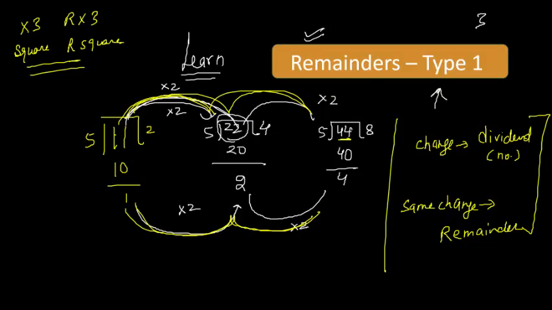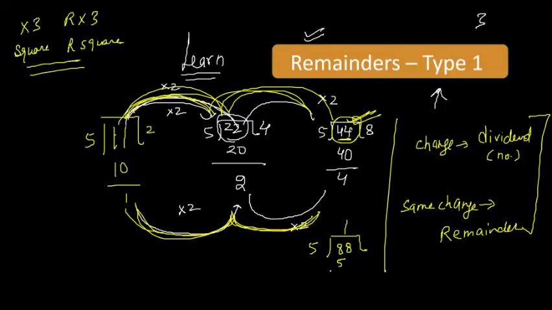So when I was doubling it inside, your remainder was also getting double. Now tell me, if I further double it, what will be the effect? What is 44 twos are? 88. And if I further divide it by 5, what will happen here?